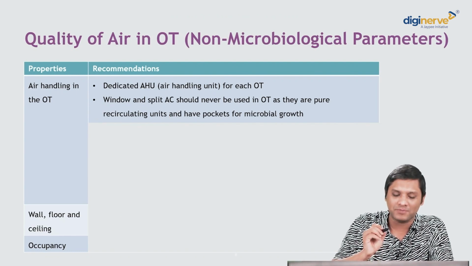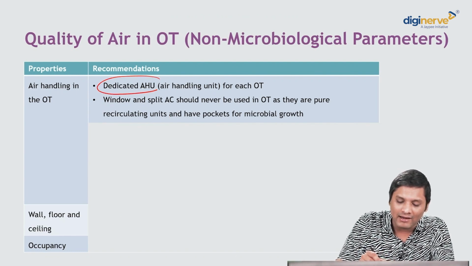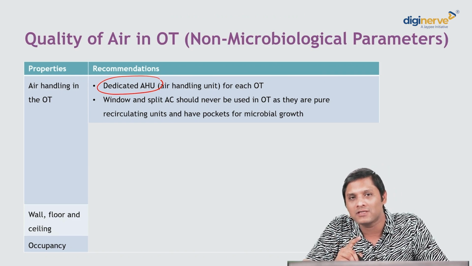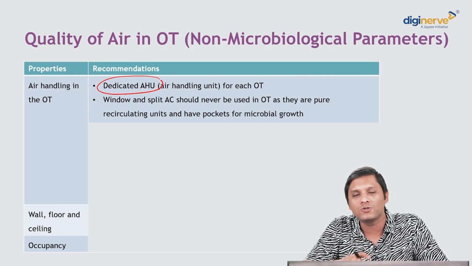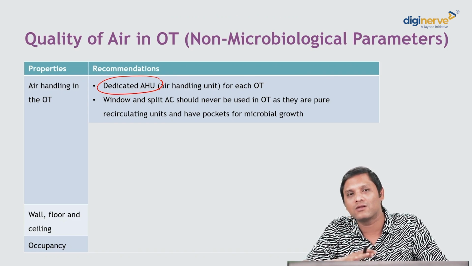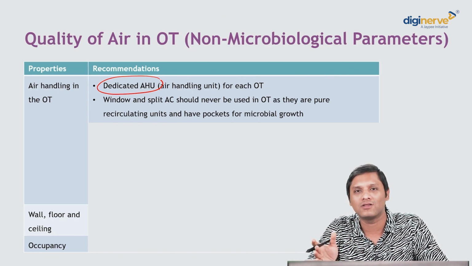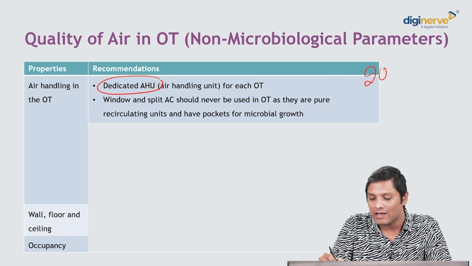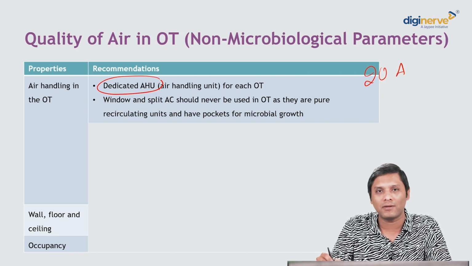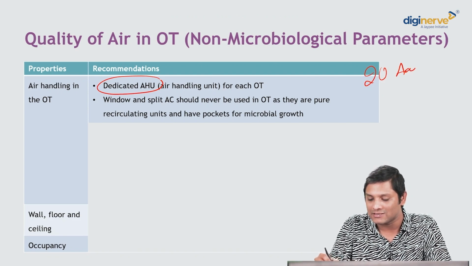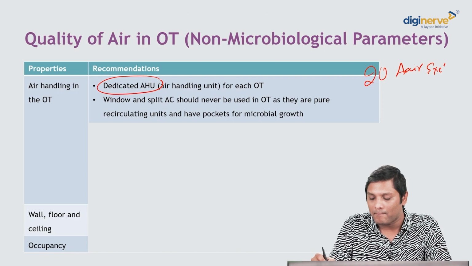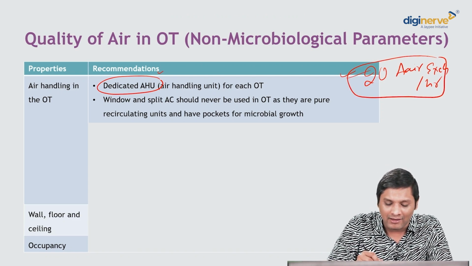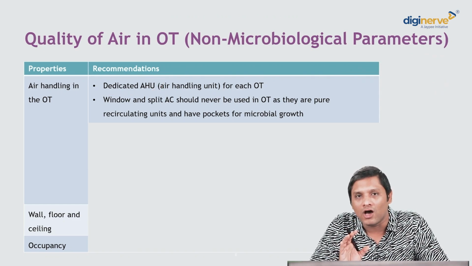Therefore, you should have a specialized dedicated air handling unit which not only maintains the low temperature in the operation theater, but also removes the air to the outside and provides fresh air every time. They say that at least 20 air exchanges per hour should happen, and that will be performed by a dedicated air handling unit.